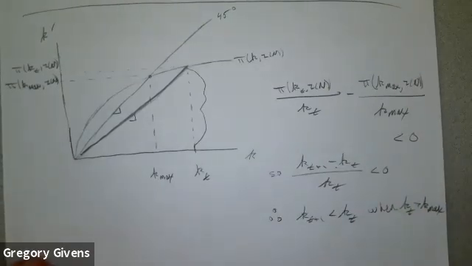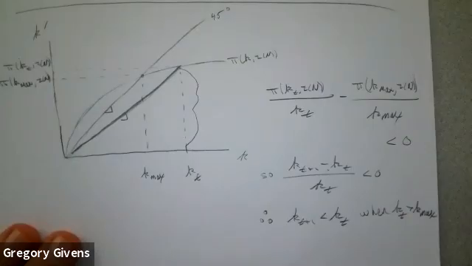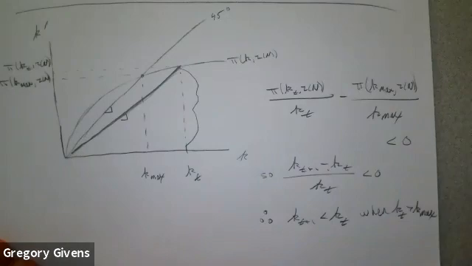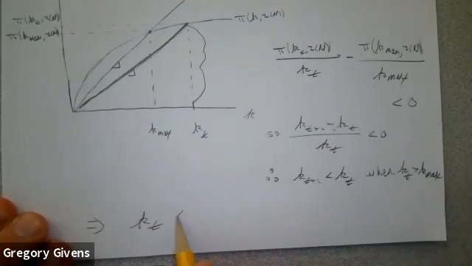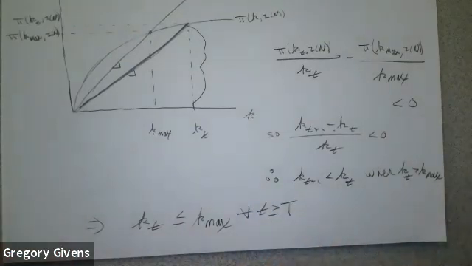And so with probability 1, then, the capital stock is going to fall if capital is bigger than K max, which means that at some point, the capital stock is going to fall below K max. And at that point, the capital stock will never rise above K max for reasons discussed earlier in part A of that part of the proof. Therefore, K_t must be less than or equal to K max for all t bigger than or equal to capital T. See what we've done here?